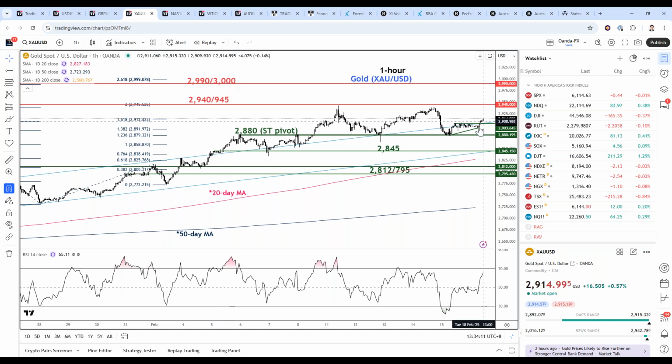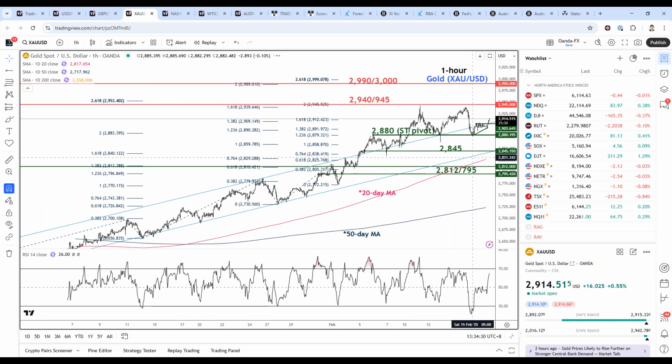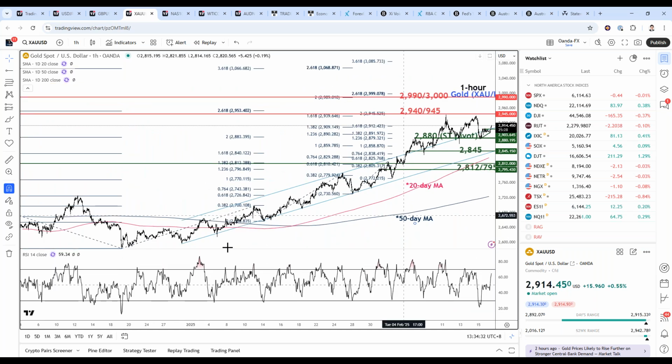Only a push down with an hourly close below 2,880 will invalidate today's intraday bullish bias to kickstart a minor mean reversion decline or pullback scenario, exposing the next near-term support level at 2,845, which also corresponds to the rising 20-day moving average and the former minor ascending channel support from the low of 31st of December.